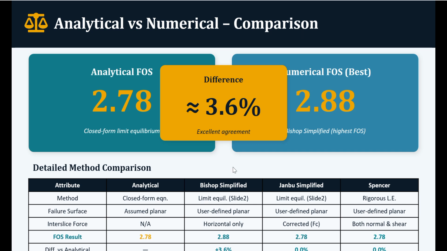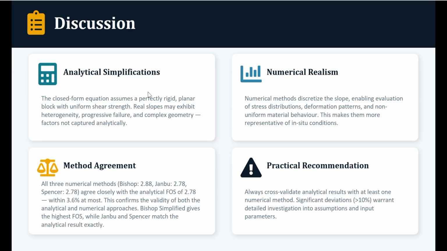But if you take a number of discontinuous planes, there will be a difference. In the analytical method it is very difficult to calculate multiple discontinuities, but in the numerical method it is very simple. That's why we are going to the numerical method. This is the analytical simplification, the same thing, and it is very difficult. In numerical it is very easy.